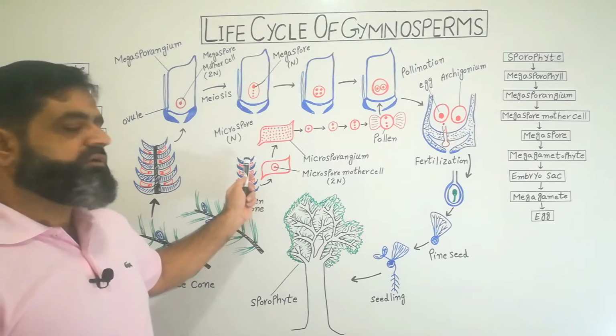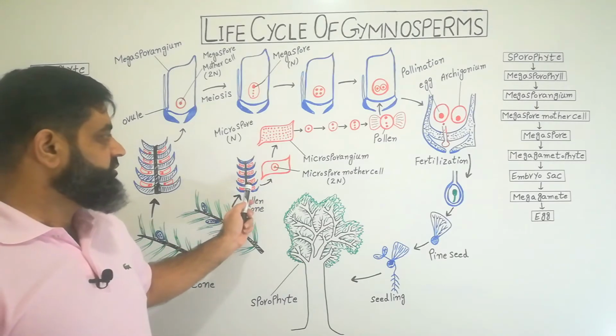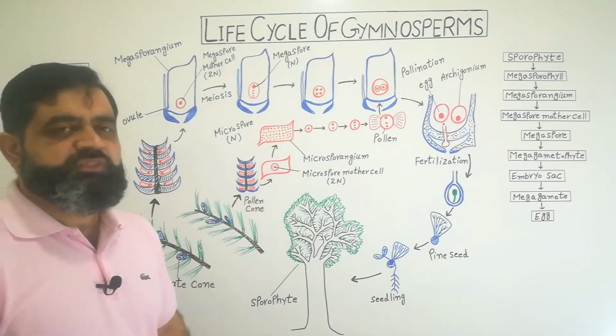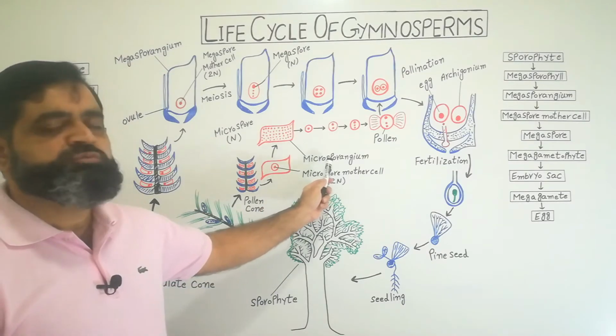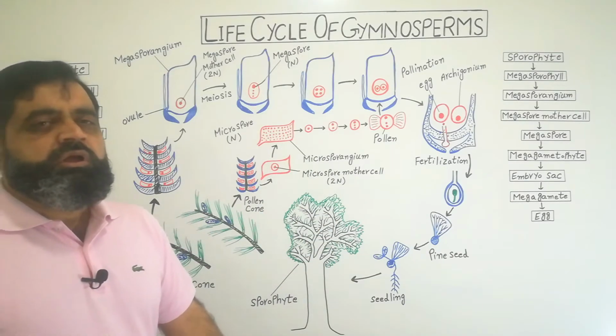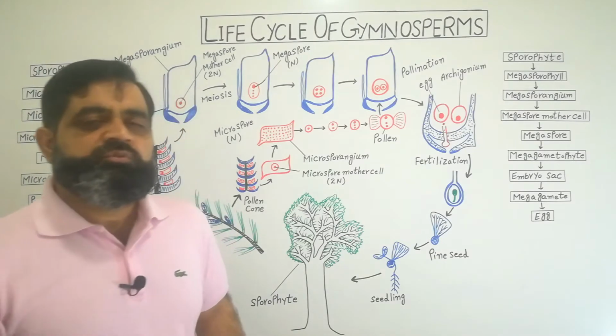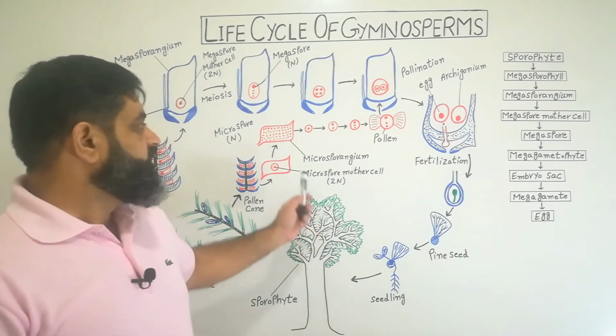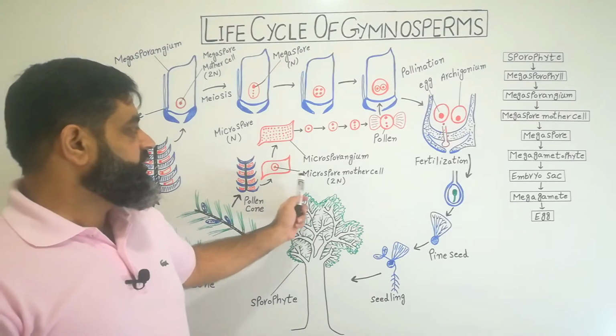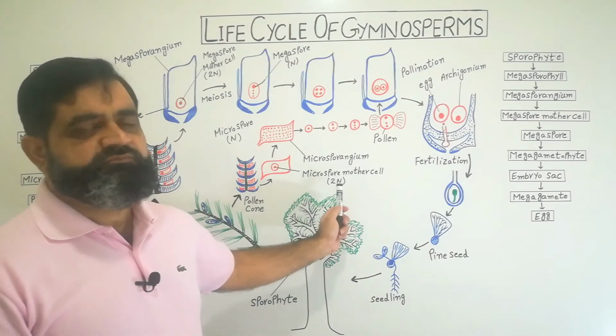Between the scale-like leaves there are sporangia which are known as microsporangia. The single one is known as a microsporangium. Micro means male, so you can call it a male sporangium. Inside each microsporangium there is a microspore mother cell, which is a diploid cell.